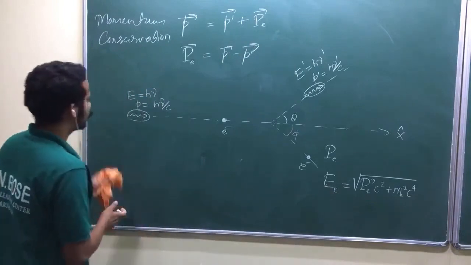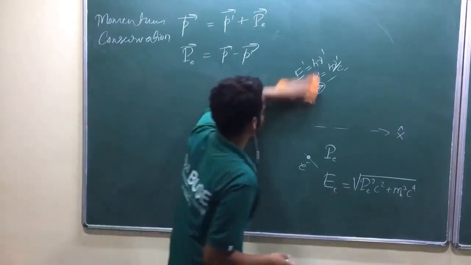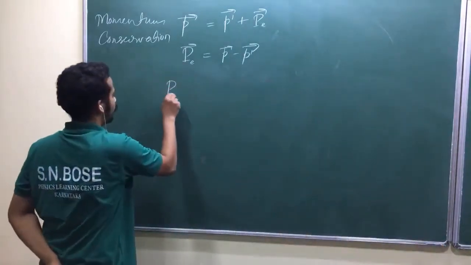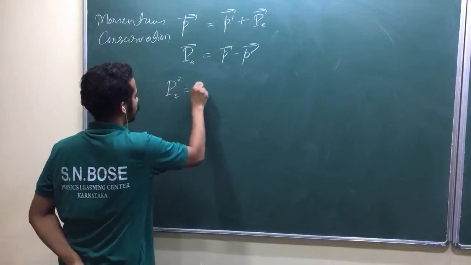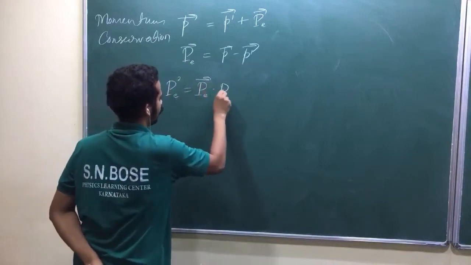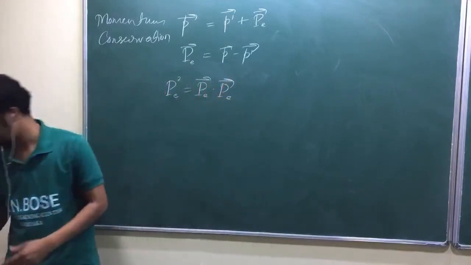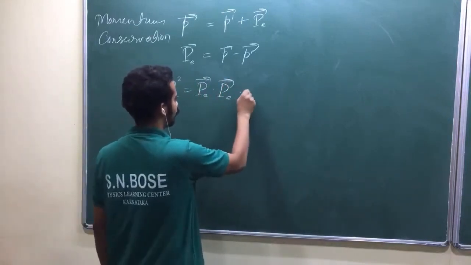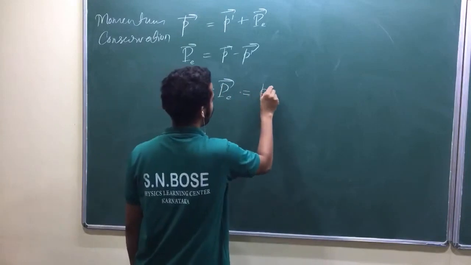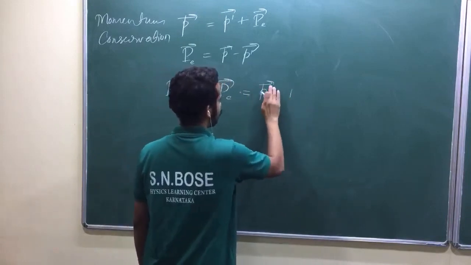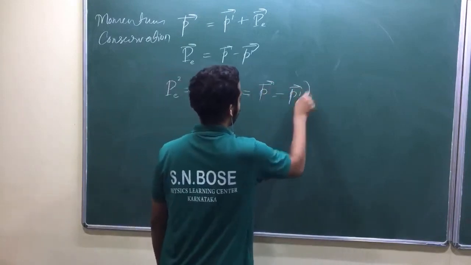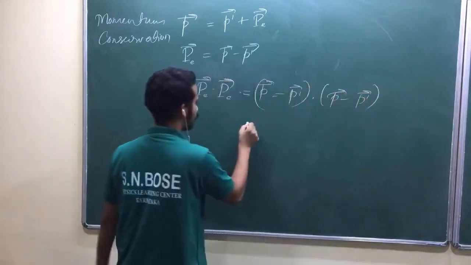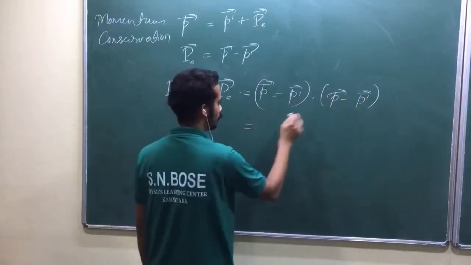The square of a vector is nothing but the dot product with itself. I explained this in vector algebra. So PE square you can write as PE dot PE, that is P minus P prime dot P minus P prime. When you take this dot product with itself, what will happen?